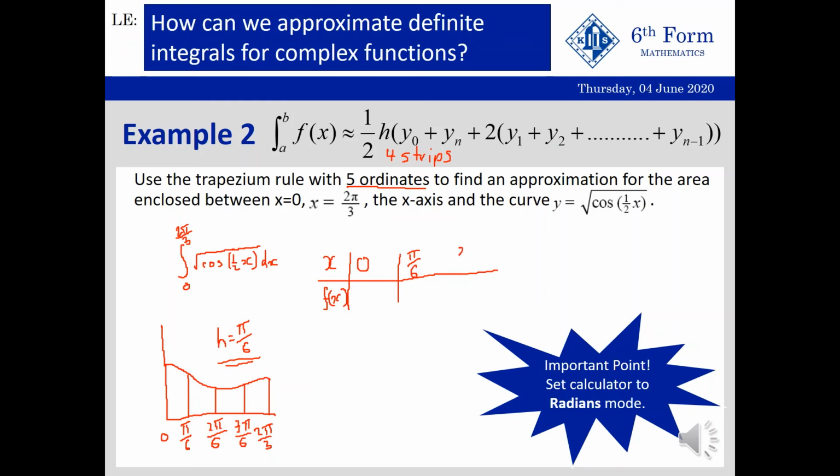I could simplify the fractions, but for the ease of spotting what h is, 2 pi over 6, 3 pi over 6, and 4 pi over 6. So they're the fractions that we're going to use, and table mode will do the rest for us.